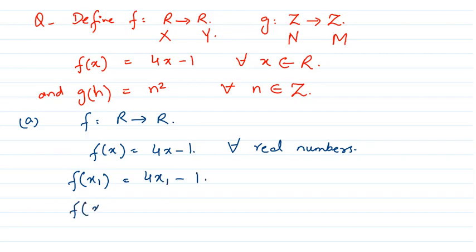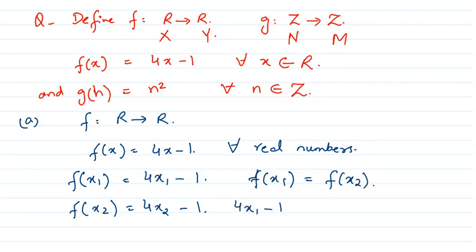And with the assumption that f of x1 is equal to f of x2, 4x1 minus 1 is equal to 4x2 minus 1. I have equated the two. Now the minus 1 and minus 1 nullify each other. What we are left with is 4x1 is equal to 4x2, right?